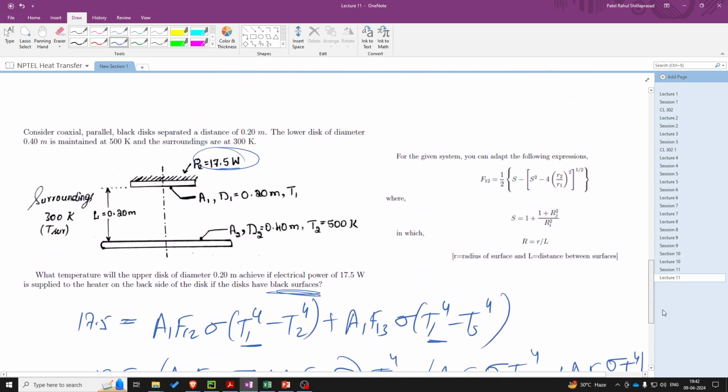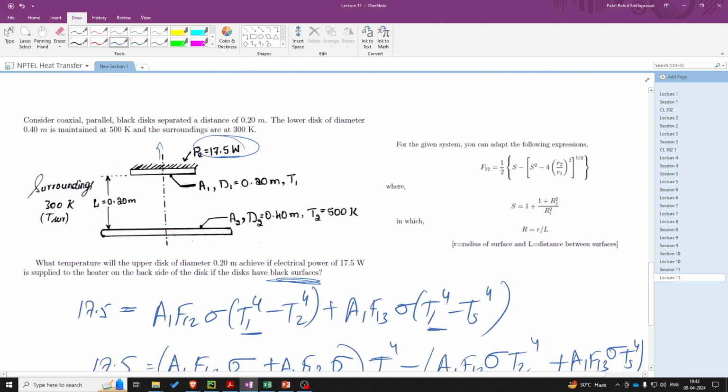So for this surface, that is surface 1, we can write F11 plus F12 plus F13 is equal to 1. Again, we know that F11 will be equal to 0.